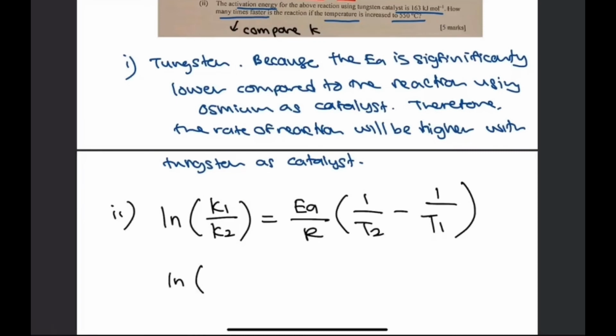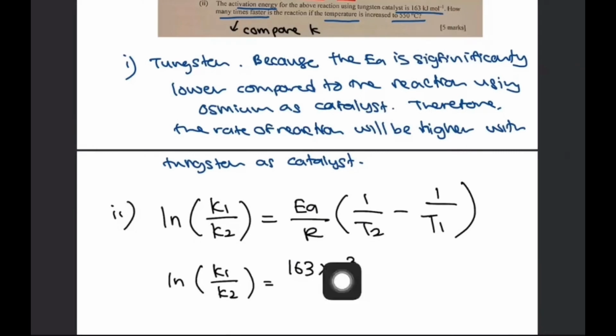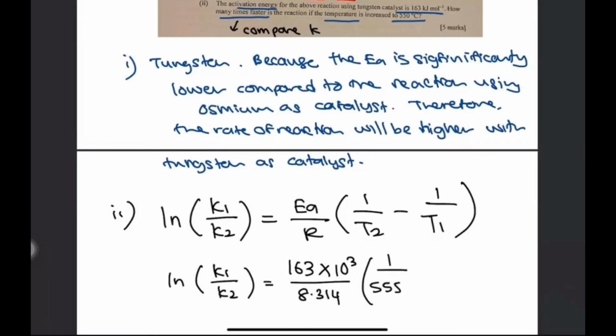So this is just ln k1 over k2 equals activation energy 163 times 10 to the power of 3. Please remember this, it's kilojoule per mole, make sure to convert to joule in order to do the calculation, divided by 8.314, times 1 over T2, which is 550 plus 273, minus 1 over 450 plus 273.